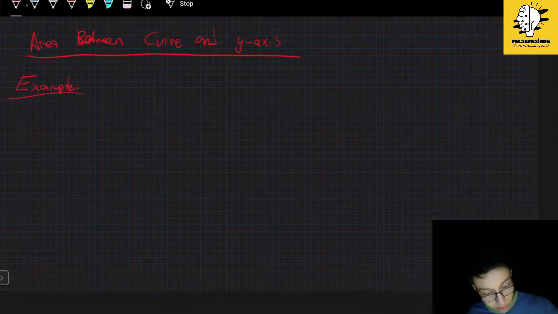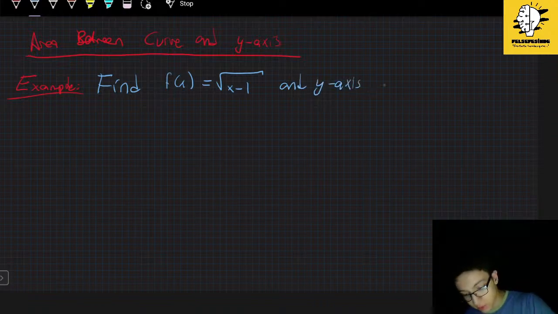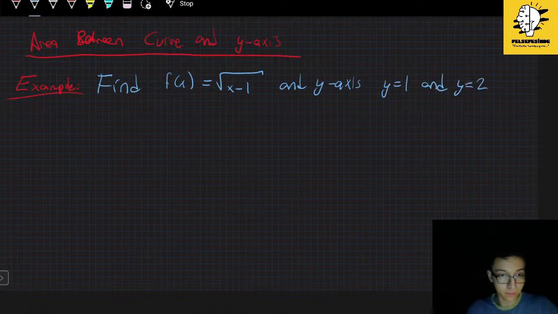So the question says find the area between f(x) equal to root x minus 1 and the y-axis between, let's say, y is equal to 1 and y is equal to 2.